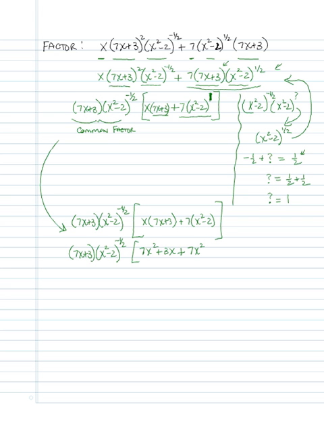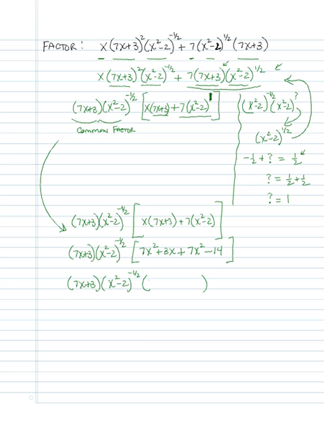And 7 times negative 2, which is negative 14. So we have 7x plus 3 to the power 1 times x squared minus 2 to the power negative 1/2. And inside those brackets, we can simplify. And we don't need the brackets. We'll go ahead and replace those with parentheses.